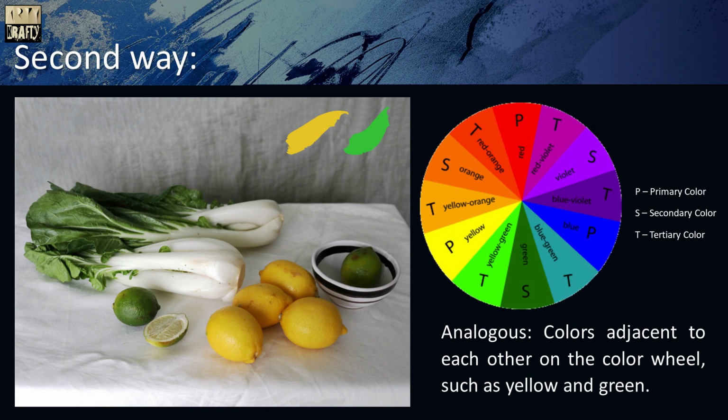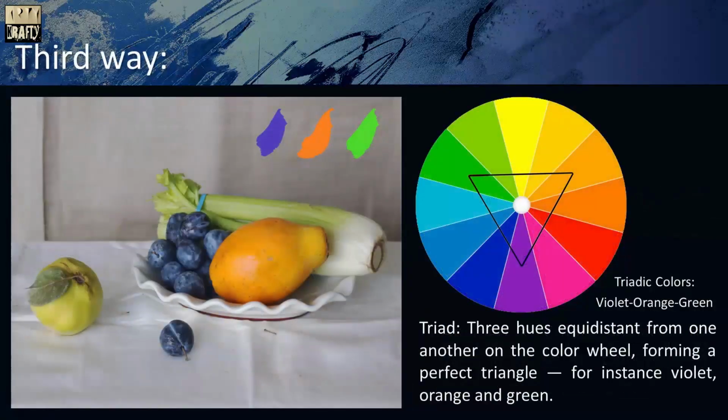Colors adjacent to each other on the color wheel, such as yellow and green. Third way, triad. Three hues equidistant from one another on the color wheel, forming a perfect triangle, for instance, violet, orange, and green.